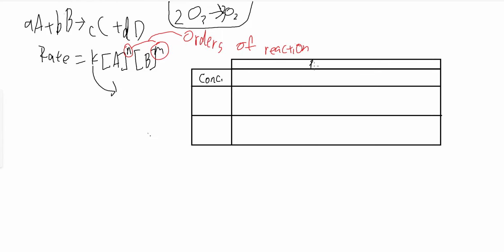This is the rate, and this will be A, and this will be B. So let's go ahead and do a couple trials here.